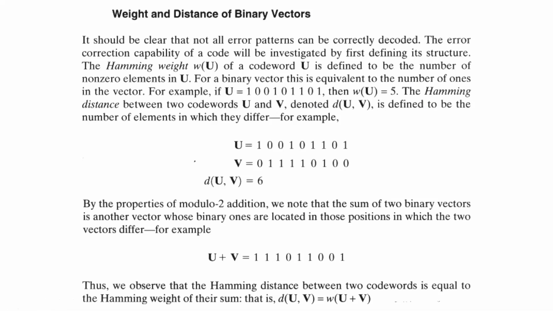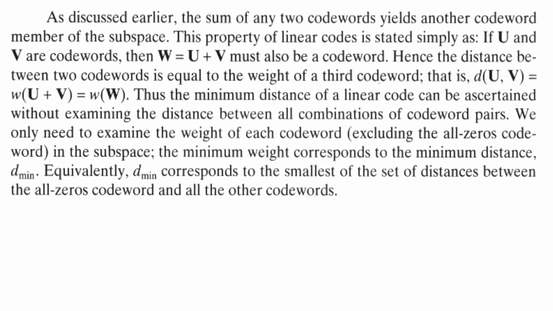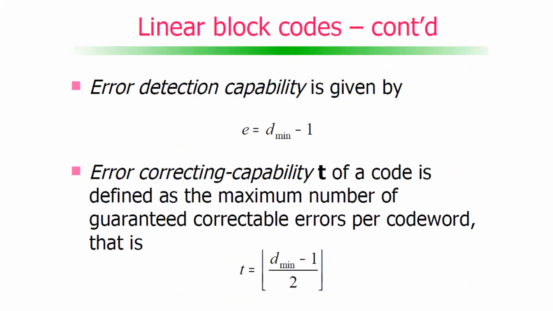And the distance between the two code words is actually the weight of the resultant code word. So the minimum weight of the code words is actually the minimum distance of that code. All right. You will understand this point once you try to solve the numericals.